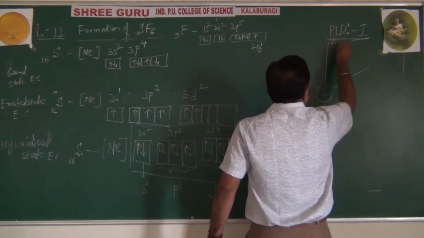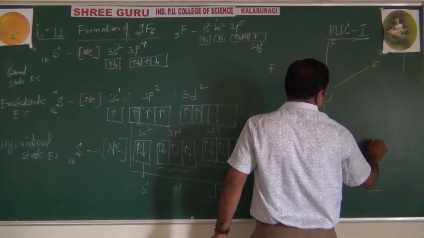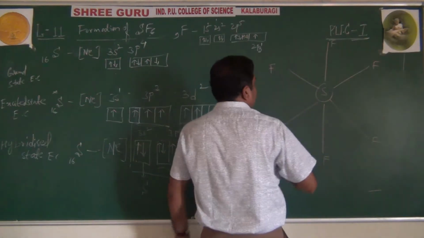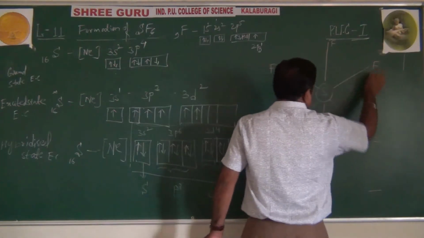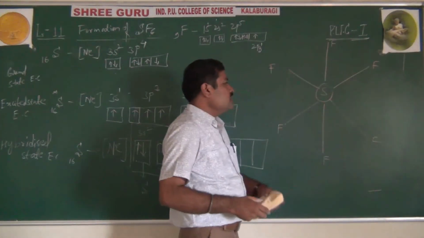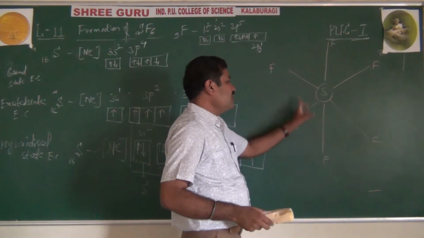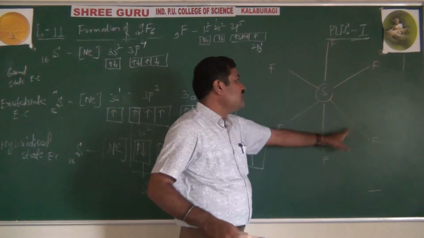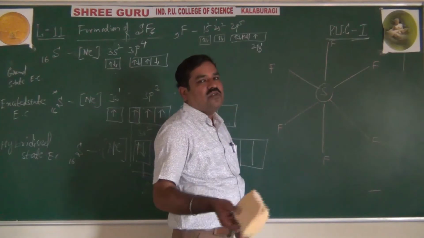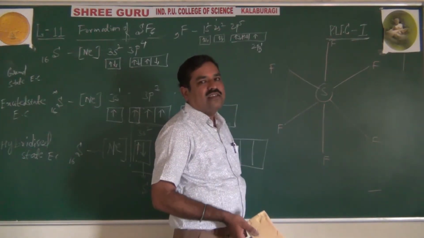Here 6, all sigma bonds. They overlap actually to form a sigma bond. Got it? You can draw like this. That means these are all 90 degrees. They are perpendicular, 90 degrees to each other. That's why I told you all 6 bonds are 90 degrees in octahedral.